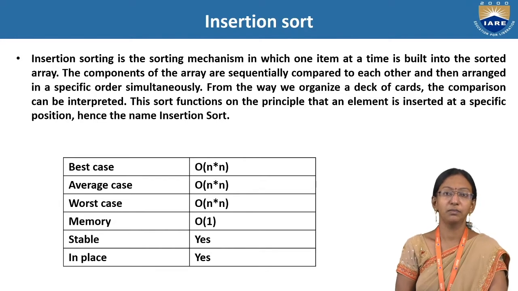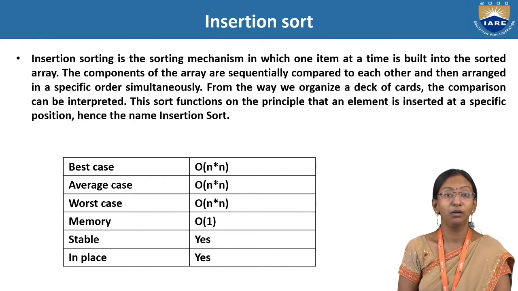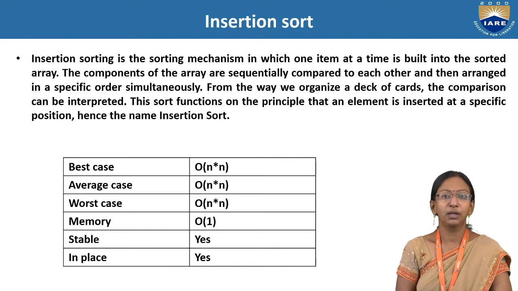Insertion sort is nothing but picking an element and placing it in the right position by the end of each and every iteration. Coming to the complexities of insertion sort, the best, average and worst case is big O of n square. That doesn't change even if the list in our hands is already sorted.